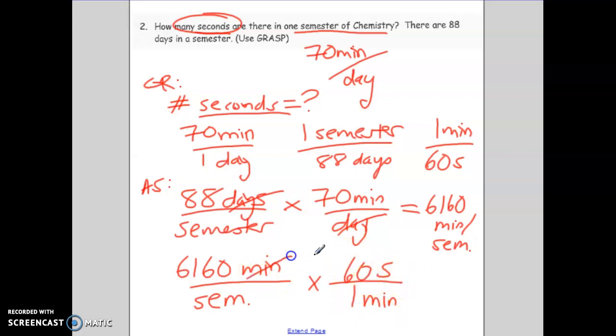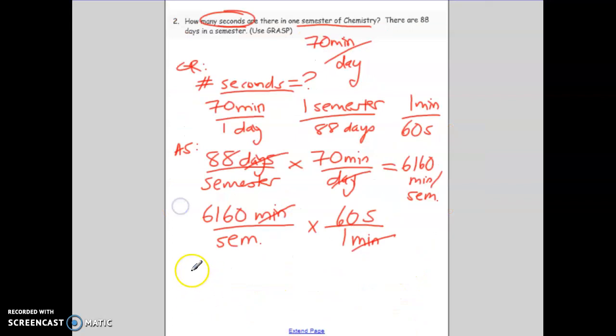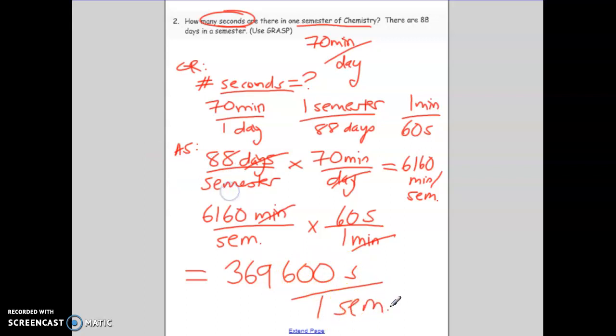Remember, for the unit you want to cancel, you need to have 1 in the numerator and 1 in the denominator. So we had to flip this unit conversion factor, so that seconds is remaining. Seconds in a semester, which is exactly what we want. We multiply that by 60. So we have 369,600 seconds in one semester.